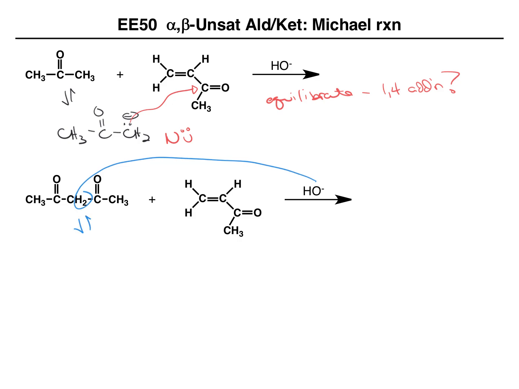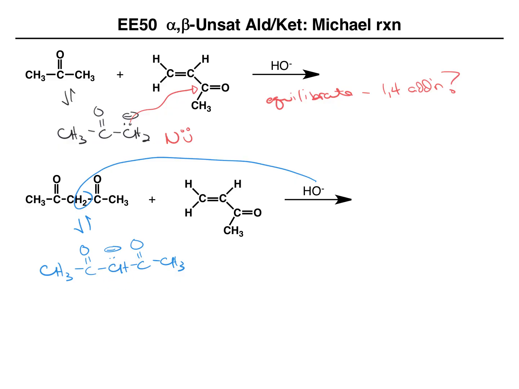So what we get will be this enolate, and this enolate will add 1,2, but because these hydrogens are stronger acids than these hydrogens, for example, that means that the conjugate base is a weaker base.